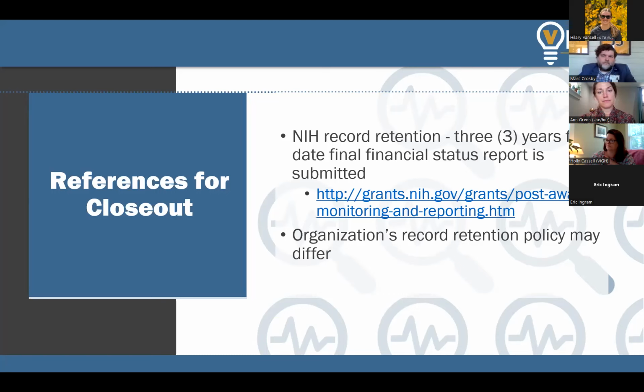And it could also vary from your organization's record retention policy. But your organization's record retention policy should be at least as strict as your sponsor's policy. So if the sponsor's policy is 3 years, you don't want your organization to allow you to discard records before 3 years is over. Makes sense.